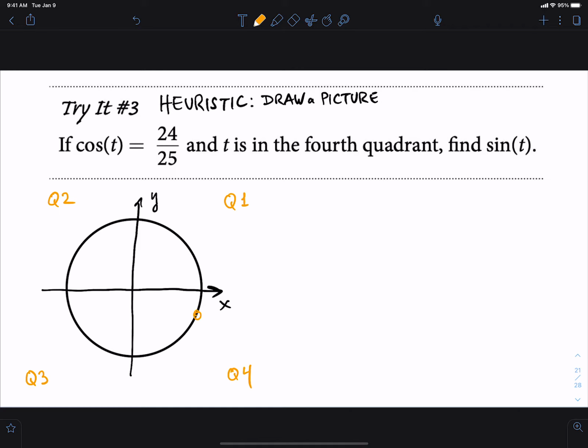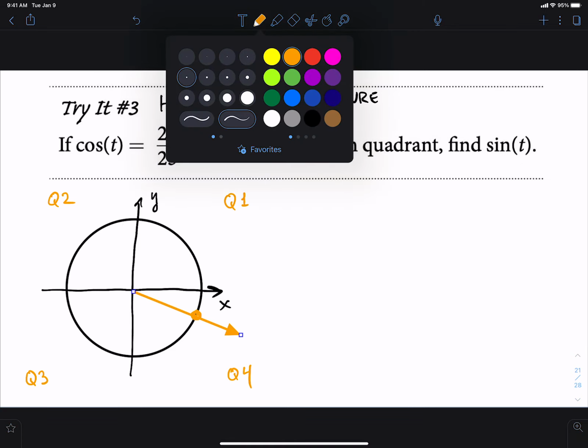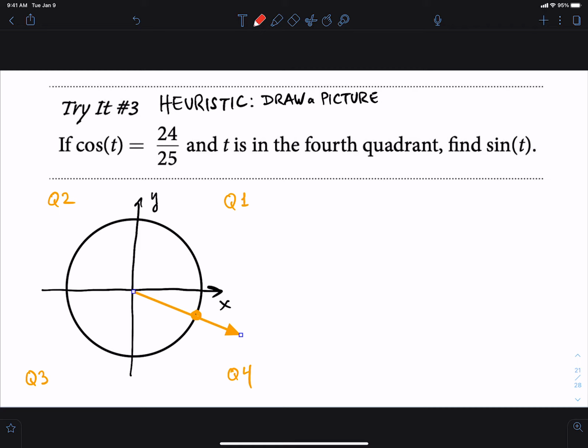So this has something to do with a point in the 4th quadrant, and here is a terminal ray, and that means that the angle that we're interested in terminates over there in the 4th quadrant, and let's call that the angle t.